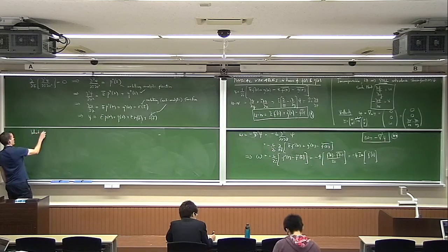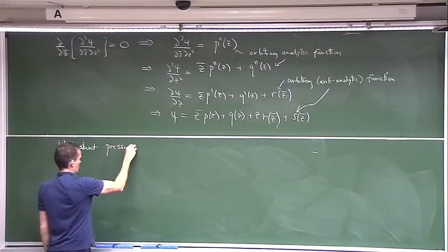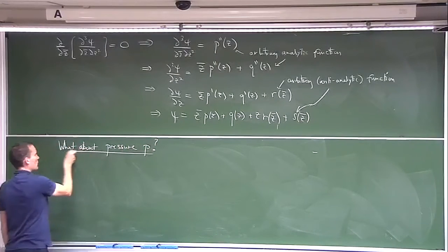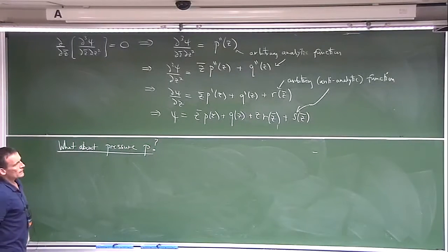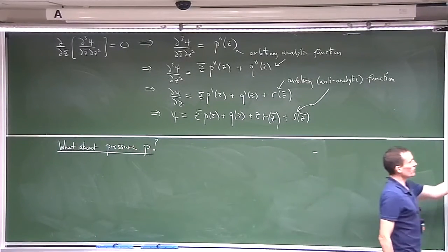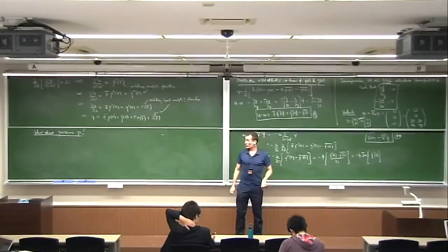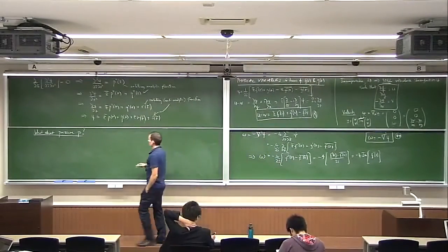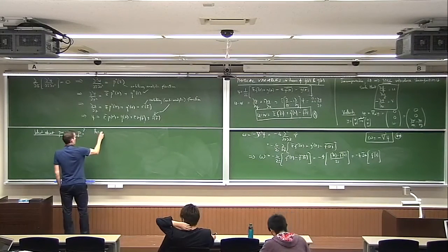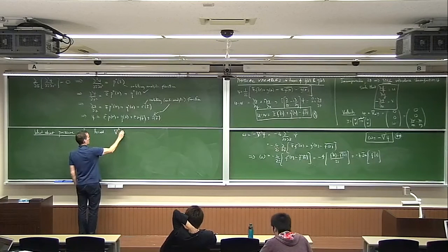What about the pressure? It'd be nice to get the pressure in terms of f and g. We've got the velocity, we've got the vorticity. Let's look at the pressure. Well, if you recall, the pressure appeared in the original equation.